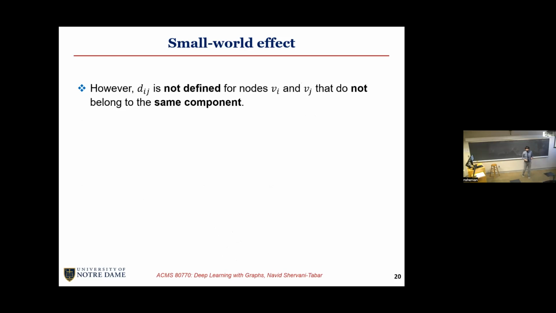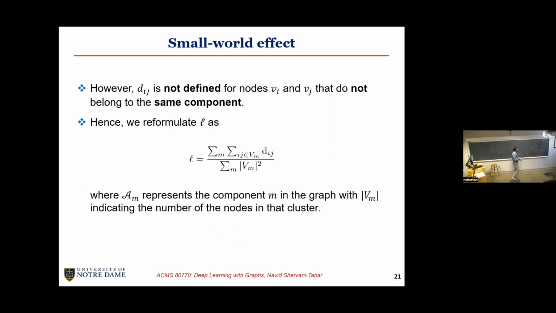So we reformulate our formula to remedy that. Instead of looking at the whole graph, we look at the different components, and we repeat this formulation for each component in the graph.